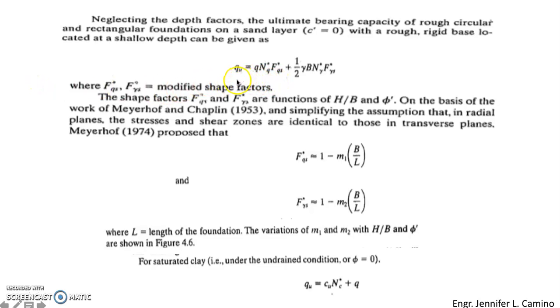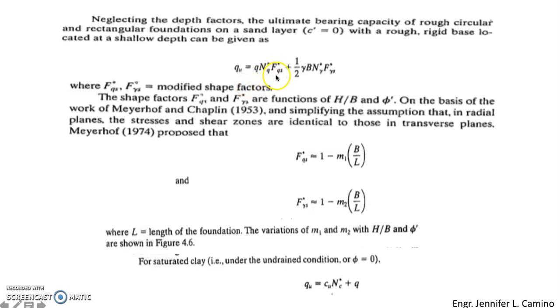The sand is cohesionless, so our c is equal to 0. And of course, it is with a rough, rigid base located at a shallow depth. So the formula is this one. You have now reduced the ultimate bearing capacity formula for the rough circular and rectangular foundation.